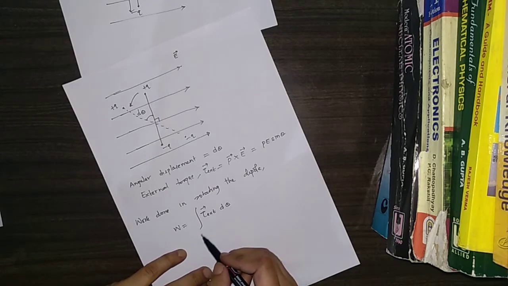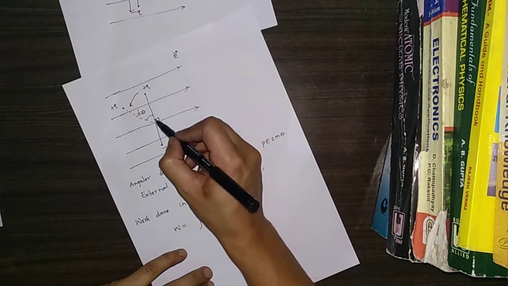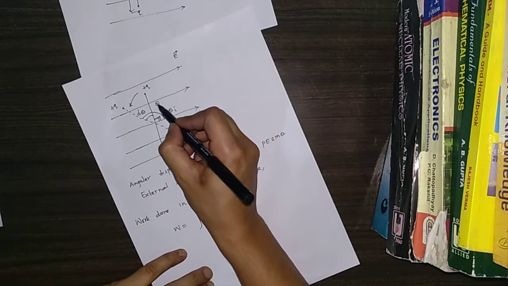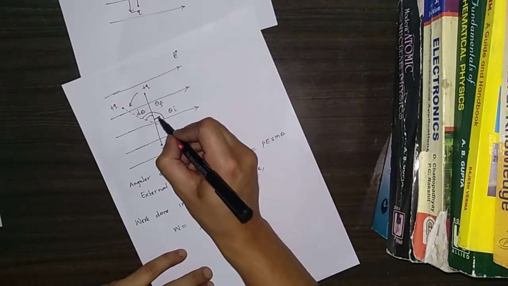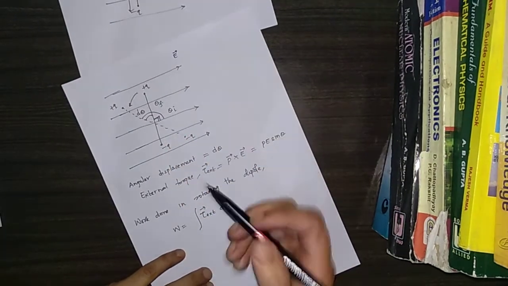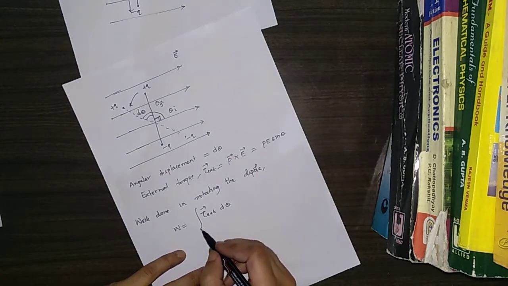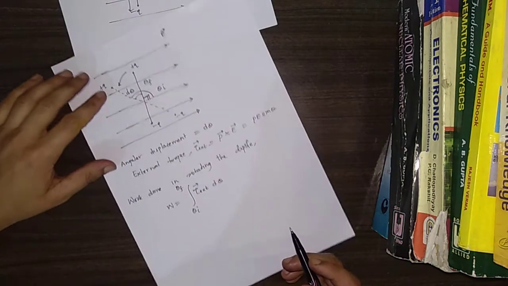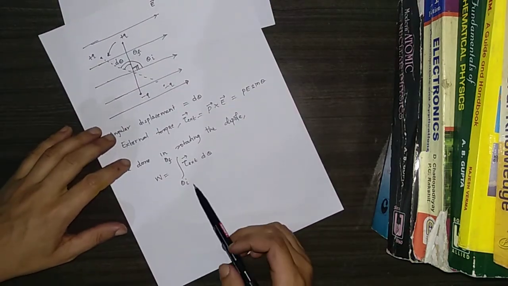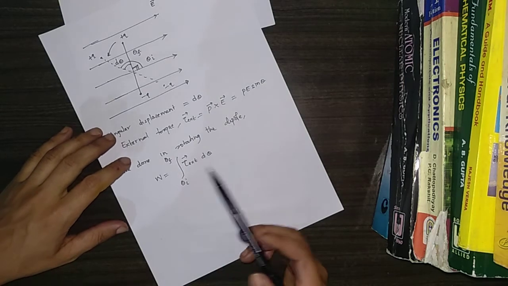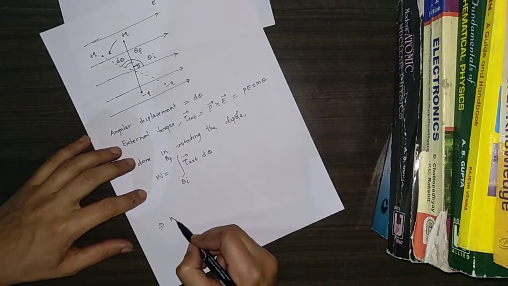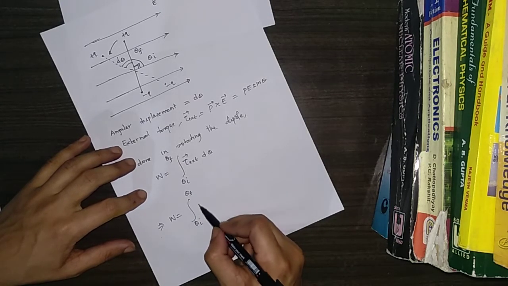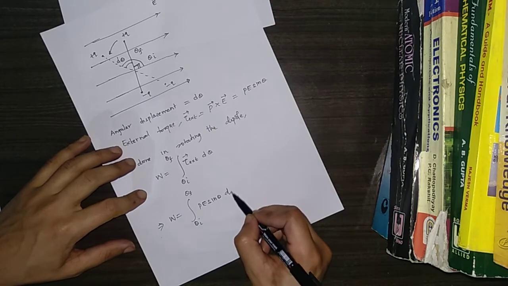Initially let us take its position to be theta I, and finally it got displaced to theta f. So the work done will be the integral from theta I to theta f of tau external, which is PE sine theta d theta.